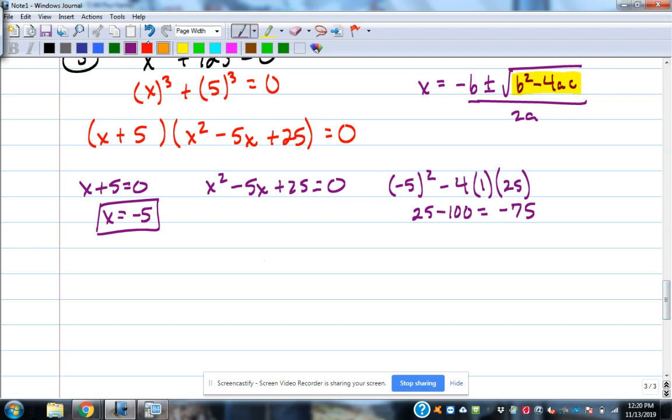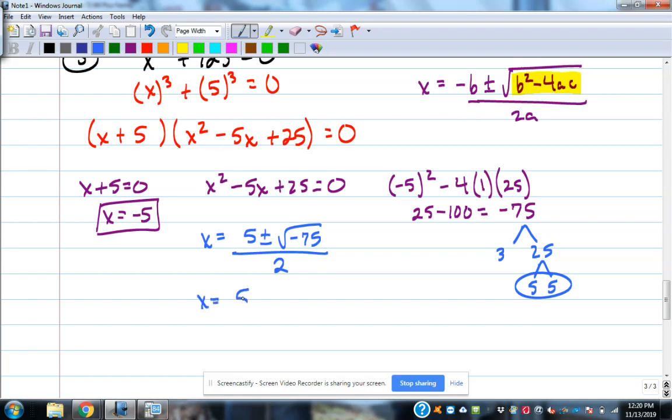So set up your quadratic formula. 5 plus or minus the square root of -75 over 2 times a, which would be 2. So we're going to break down that 75. 3 times a pair of 5s. So that's going to be 5 plus or minus what? 5i radical 3 all over 2.